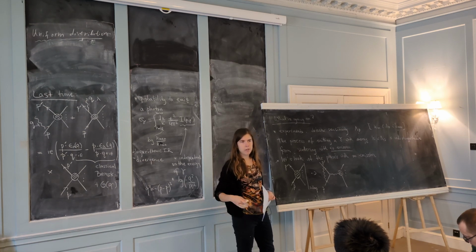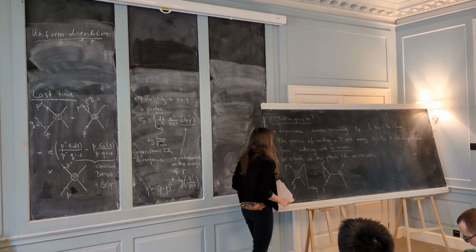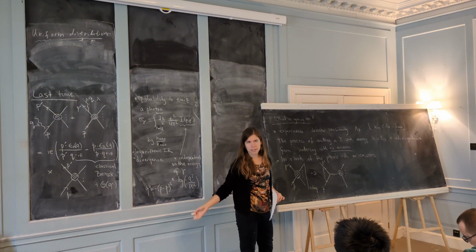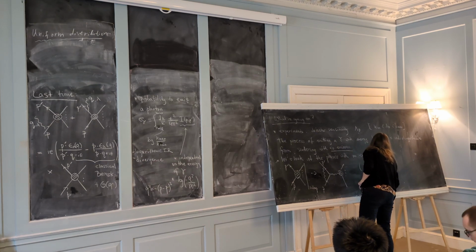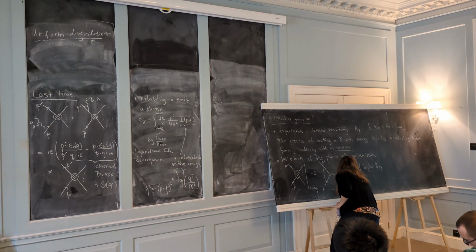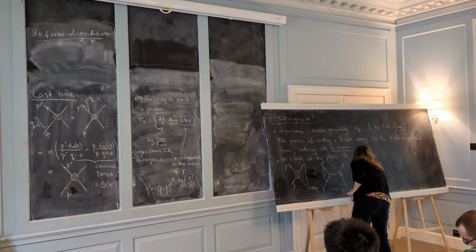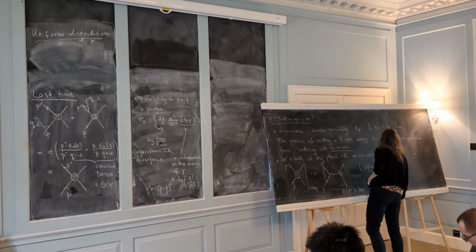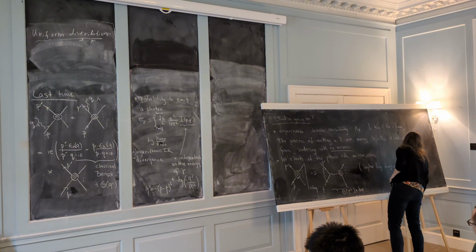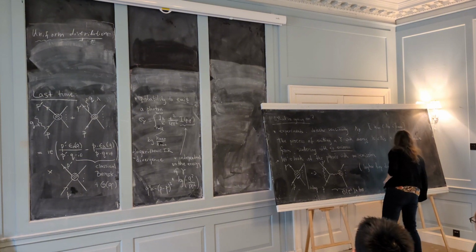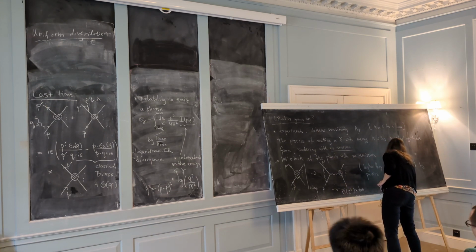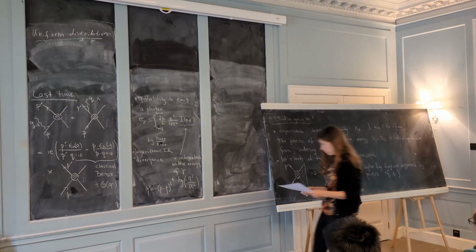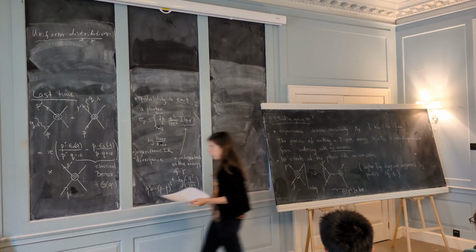And any higher loop diagrams are further going to be suppressed with respect to this one by increasingly higher powers of E. So this is order E squared times the tree diagram. Okay, so this is what we want to calculate.